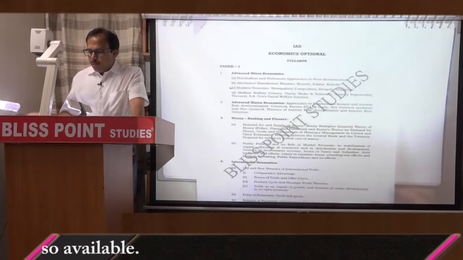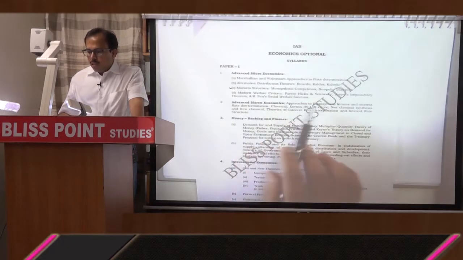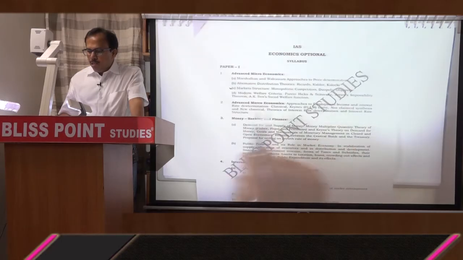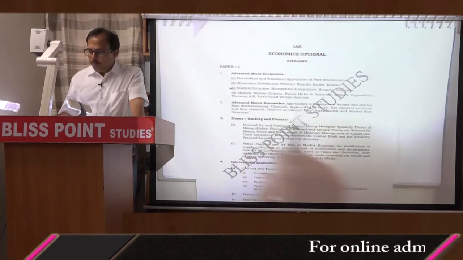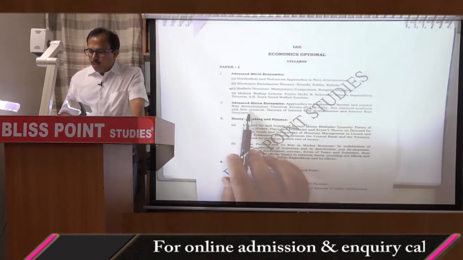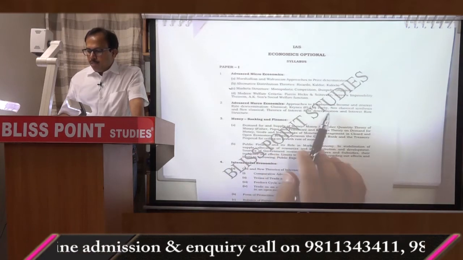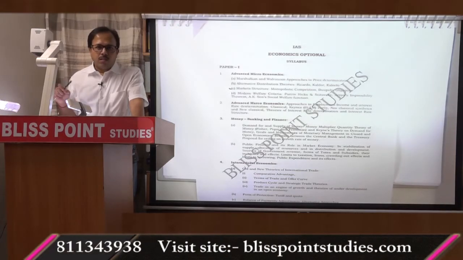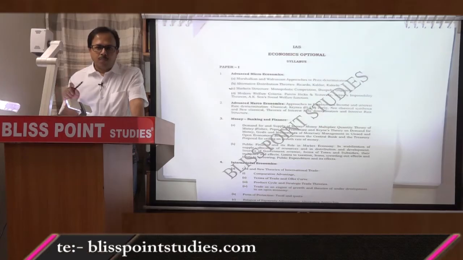So the syllabus part of advanced macro includes approaches to employment, income and interest rate determination, classical and Keynesian approach, neoclassical synthesis, neoclassical theories of interest rate determination and interest rate structure. But many things which have been asked have not been mentioned here. So there are some unwritten parts as well.